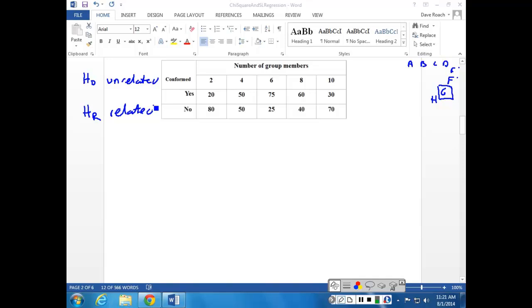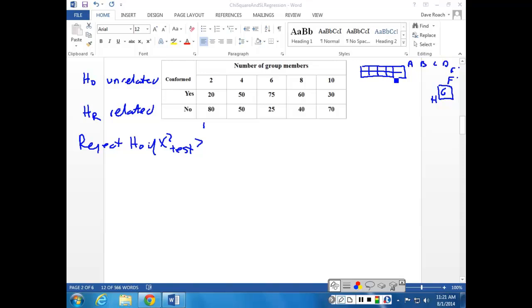So first thing I'm going to do, well, let me go one step back first. I'm going to reject H0 if the chi-square test is greater than some value. So if I blot out one column and one row of this, let me draw this over here, I've got 5 columns and 2 rows.